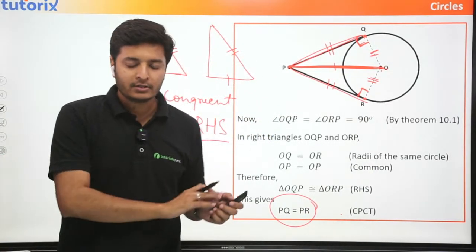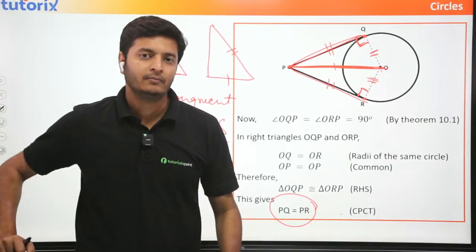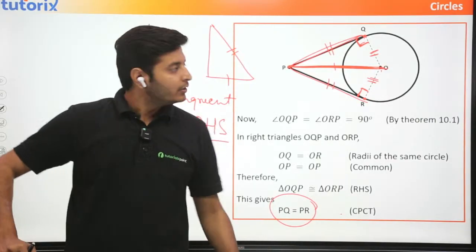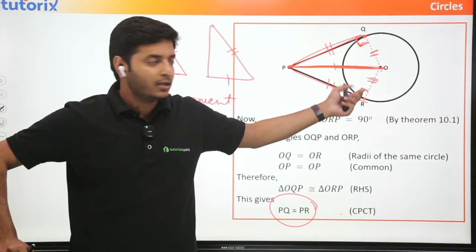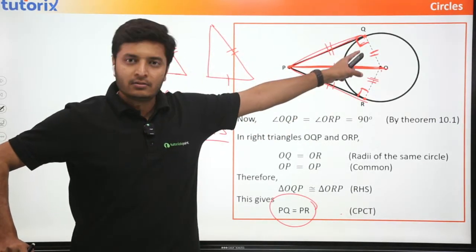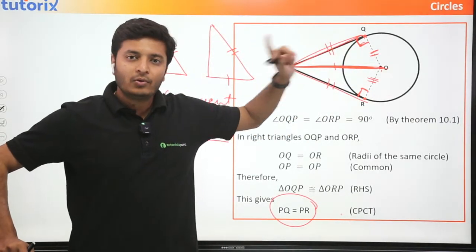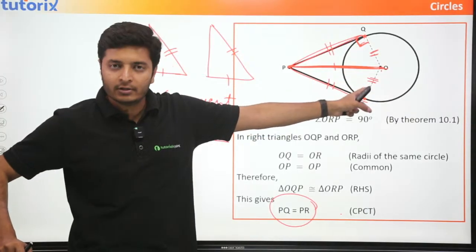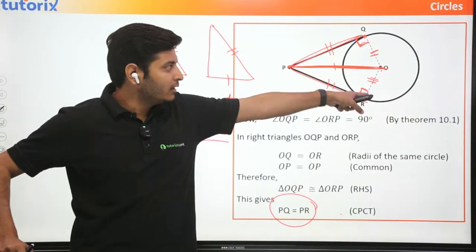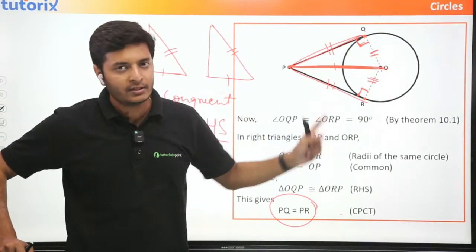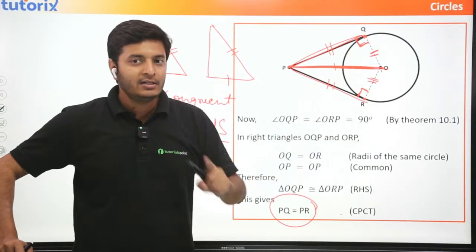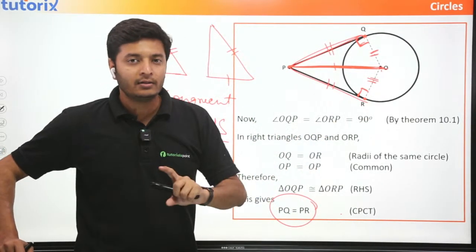The proof of this theorem is very easy. First, you need to consider two triangles. These two triangles are right angle triangles because this is 90 degrees, this is also 90 degrees. In both triangles, the hypotenuse is equal and one of the sides is equal because these two sides are radii of the same circle. It means these two triangles are congruent.